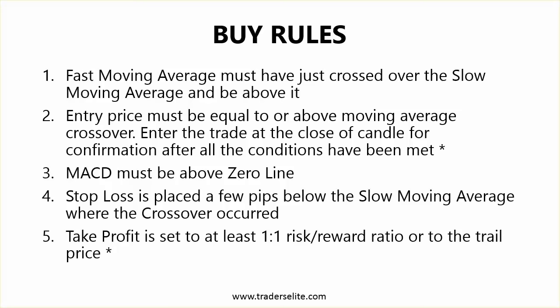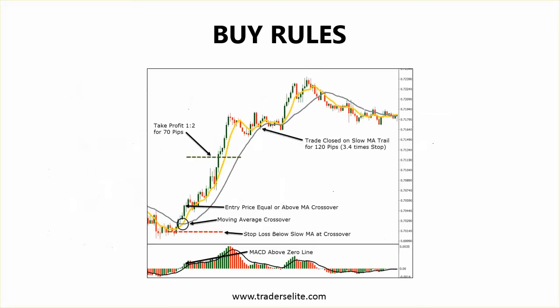And finally, the take profit is set to at least a 1-to-1 risk reward ratio or to the trail price. And we're going to go over a couple of ways to extract as many pips as possible from a trend. You can go for hard targets, but you can also trail. There are a couple of techniques for doing that, and I'm going to go over them shortly.